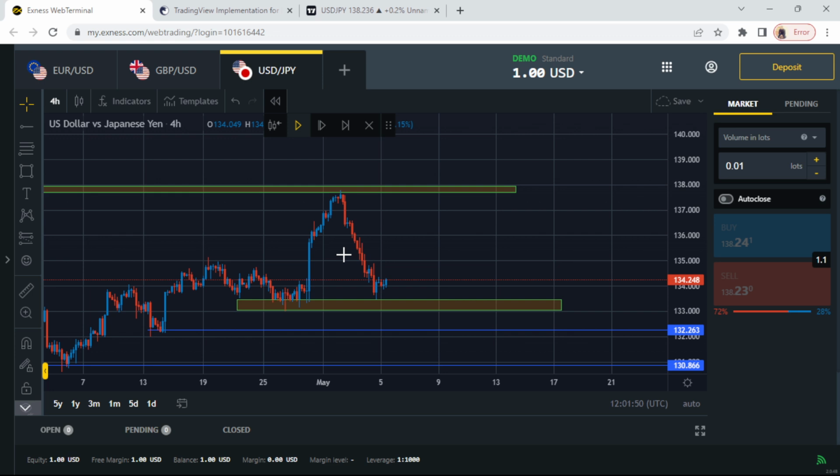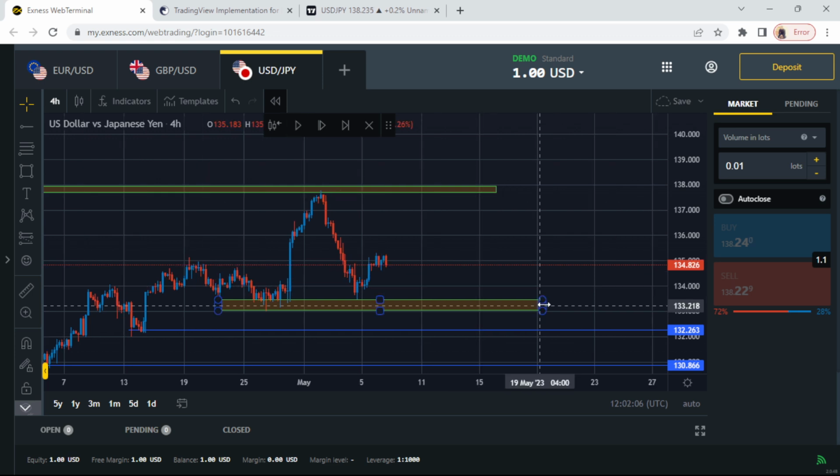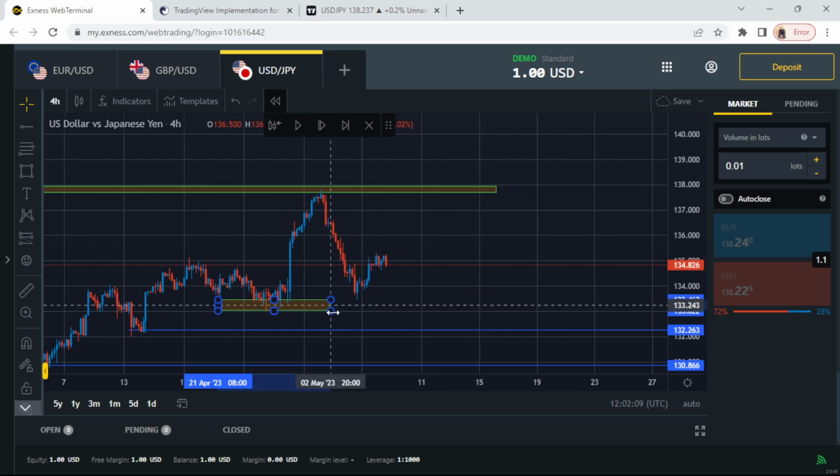So when the price does this, this is what I'll do now. I'll have to draw my other support. Because this price touched here, I need to draw another support. And by drawing support, I go to where the candle closed, and I go to where the wick ended, or the last level the wick touched, like this.